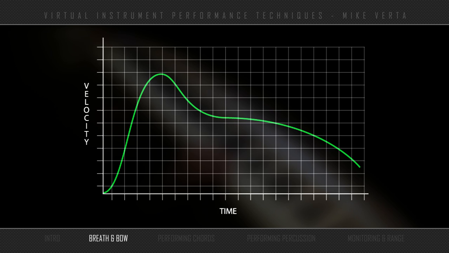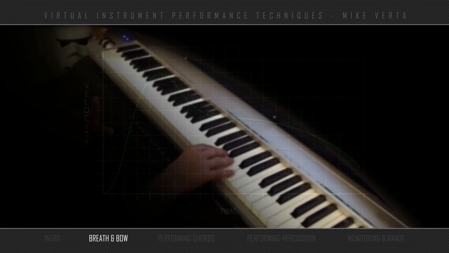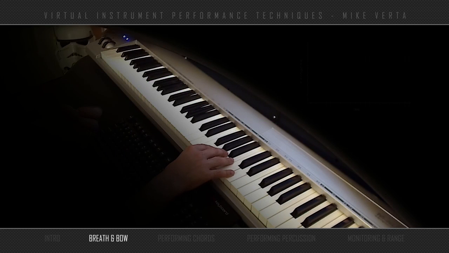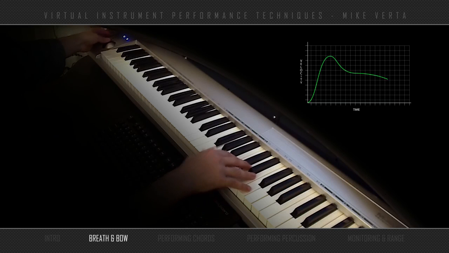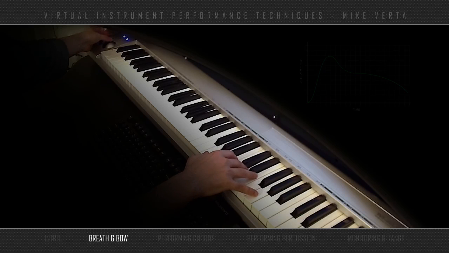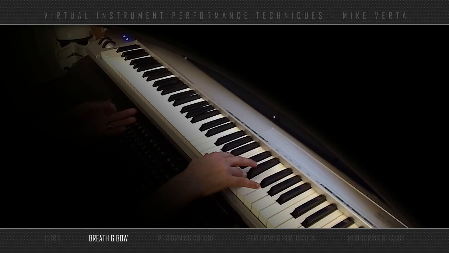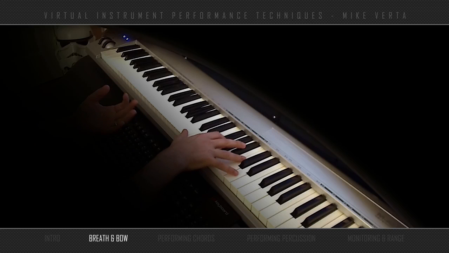Sometimes it's very fast, sometimes very slow, sometimes it's more subtle than not. But almost without exception, it takes some breath to get that note sounding. And usually there's that little peak after the initial attack. Without it, things tend to sound very mechanical.